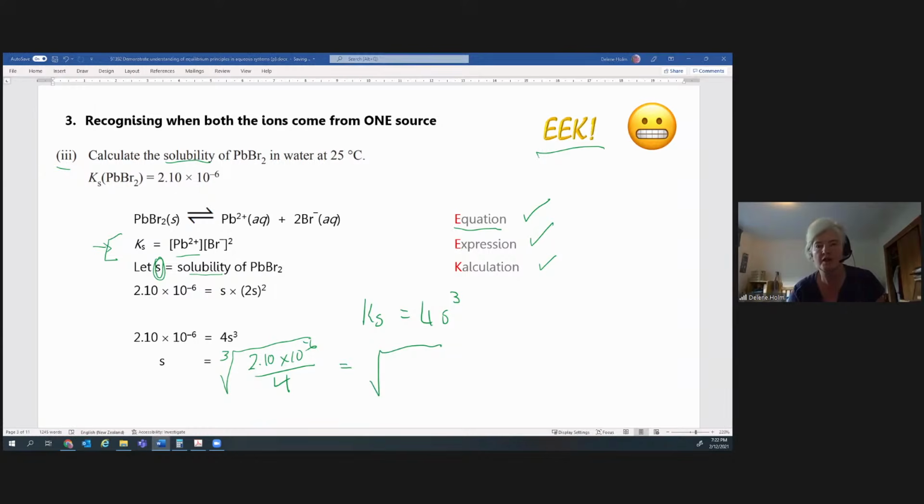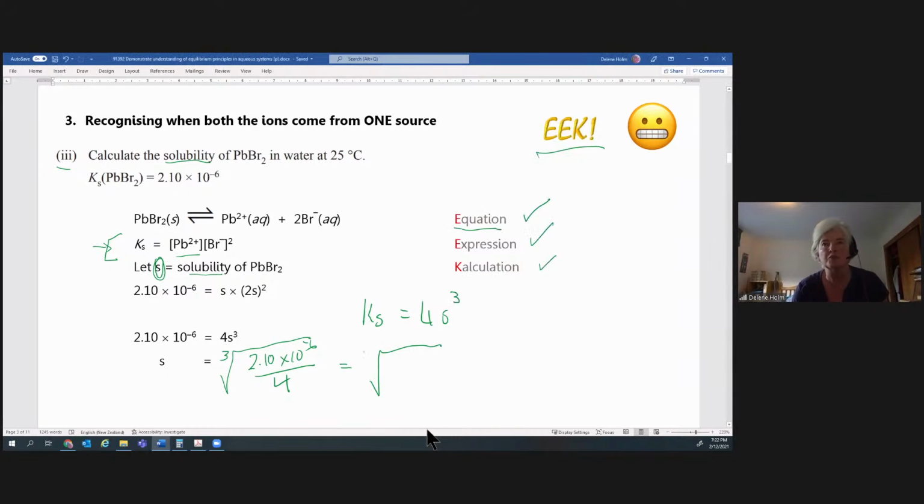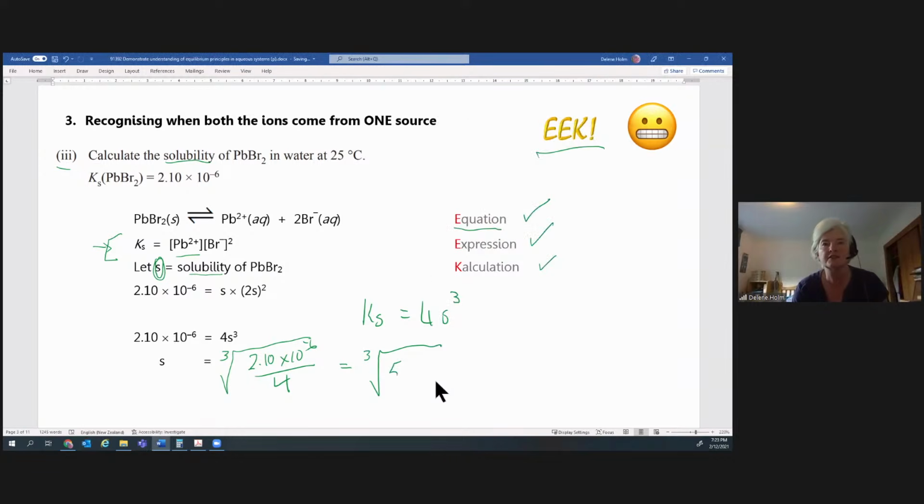In fact, write it down so you get this. I don't want to spend too long on this, but it's 2.1 exponential minus 6 divided by 4, and I like going equal. And that means I know now what I've got to take the cube root of. Sorry about that. It hops off all the time. 5.25 times 10 to the minus 7.